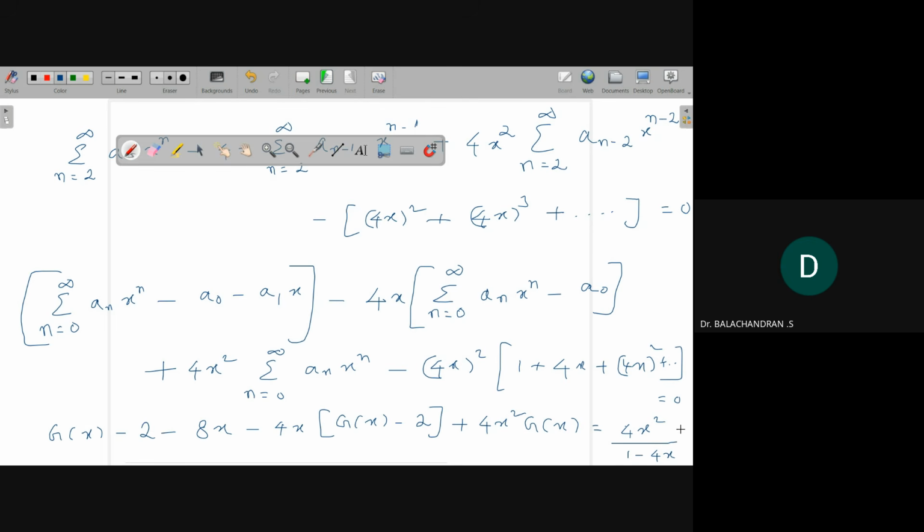I don't have enough space. That's why I'll put it in the denominator here. So actually, I need in the denominator only. So, okay. Next step, I'll take g of x common. If I take g of x common, next step I'll write.